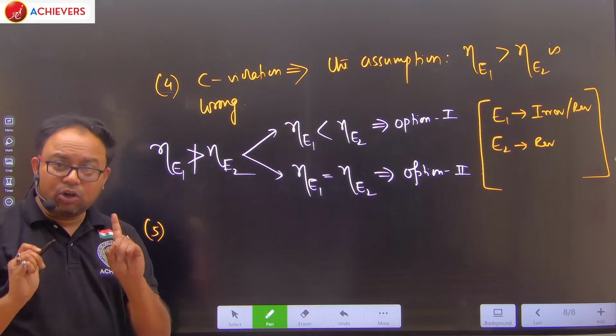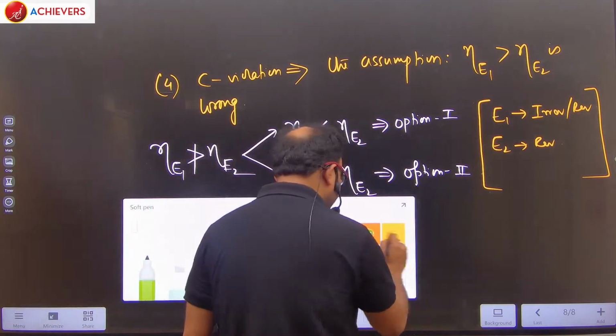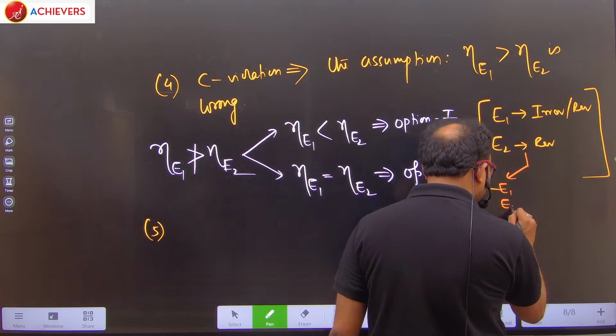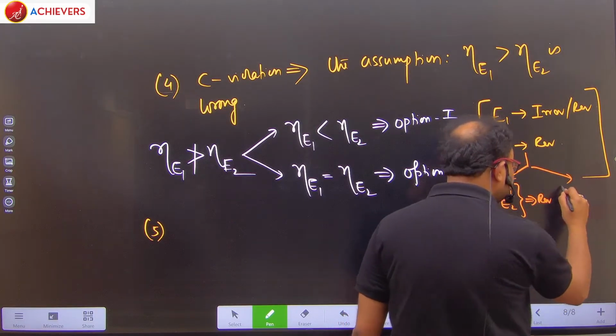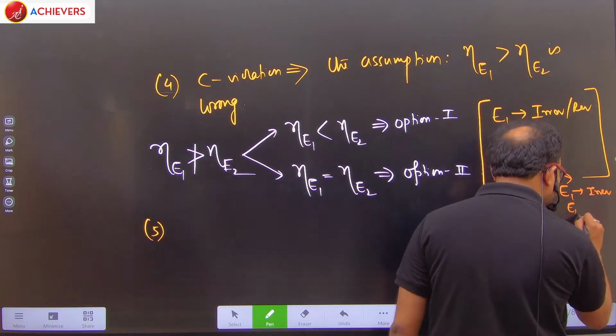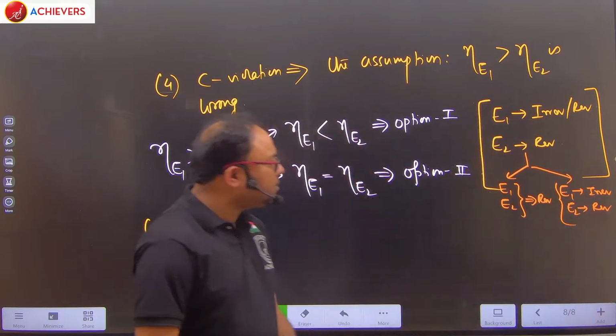So you have got two options over here as well. What are the two options? Either the combination is E1, E2, both are reversible, or the combination is E1 irreversible and E2 reversible.